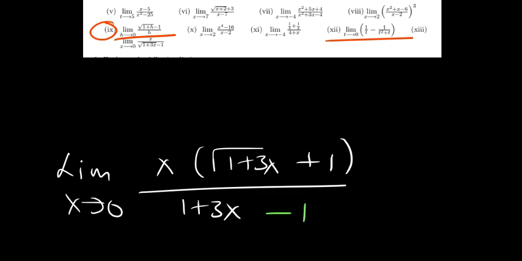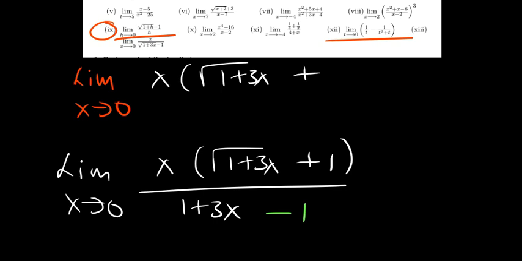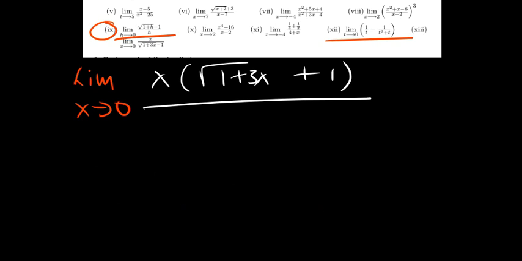So at this point, you have the limit as x approaches 0. So for the top part, you have x and then root of 1 plus 3x plus a 1. So on the bottom, 1 and 1 can subtract. So you only remain with a 3x there. So for the 3x, the x and the x can divide.